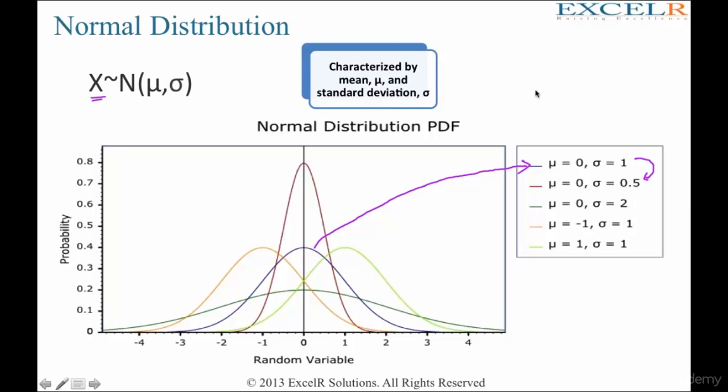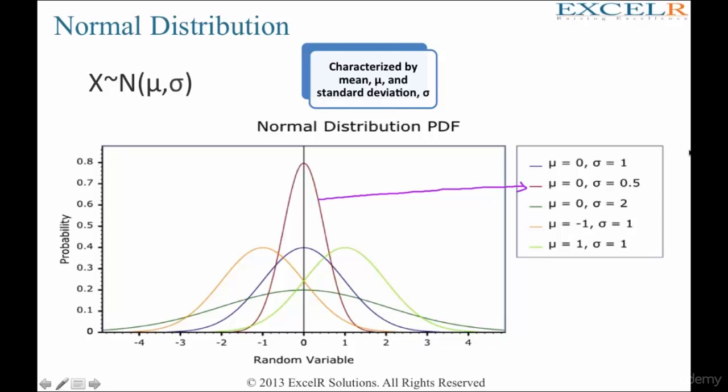Think about a balloon. What would happen if you put pressure from both sides? It would become thinner, but at the same time it will have the peak. On similar lines, if you reduce the standard deviation here, your curve would reduce its width.